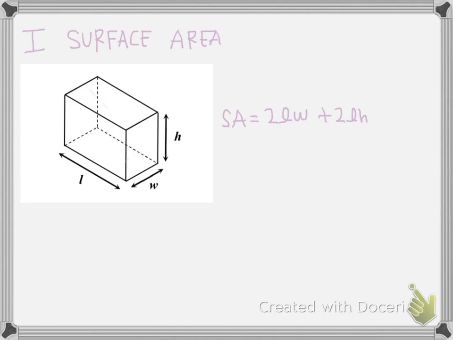Your length times your height is going to be this surface here, and that back surface right there would be your length and your height. And then you've got 2 times your height times your width, and that's going to be these side surfaces back here. So that is the formula.